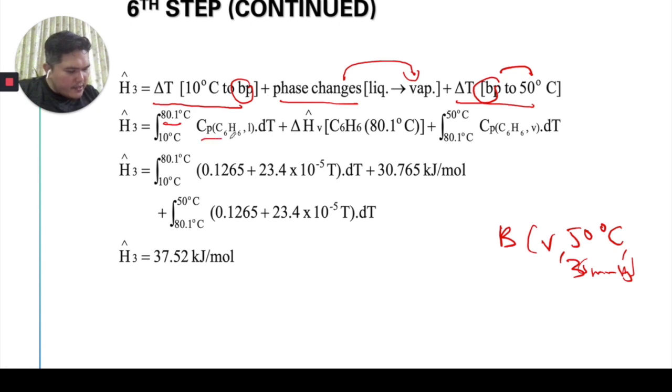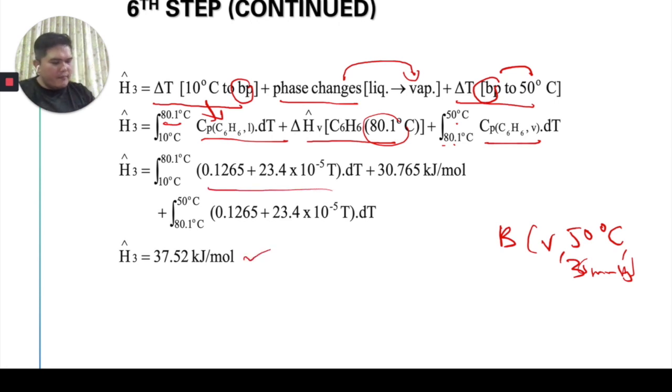So you can do the integral of CpdT, which is represented here. Then for the phase change, you can take the latent heat of vaporization at 80 degrees. The next one is the change from 80 degrees to 50 degrees Celsius in the vapor state. Whenever you calculate this, you can substitute the information.